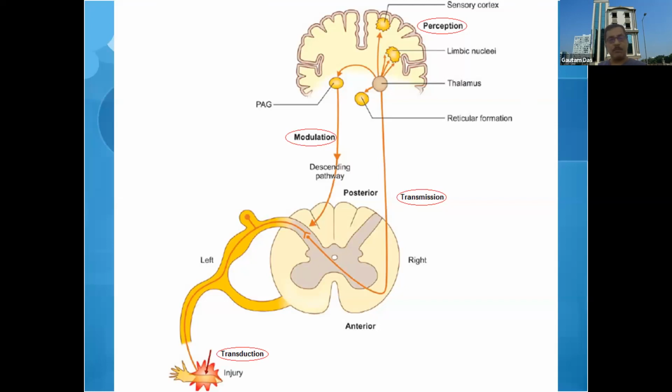If you look at the definition of pain, can you remember what it is? I will come back to this definition later. Pain is an unpleasant sensory and emotional experience. This is the standard definition of the IASP.